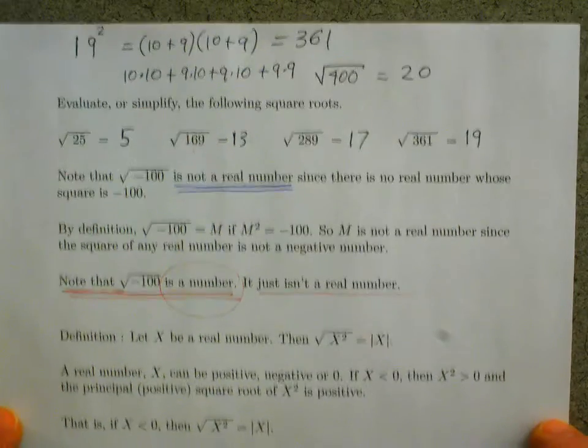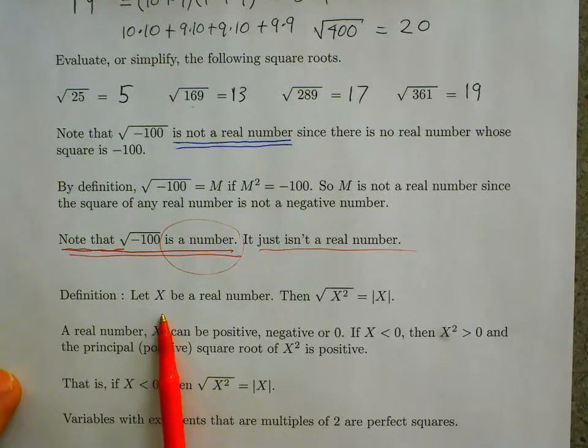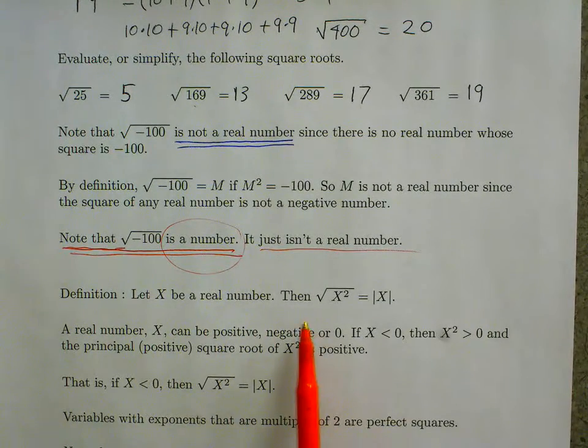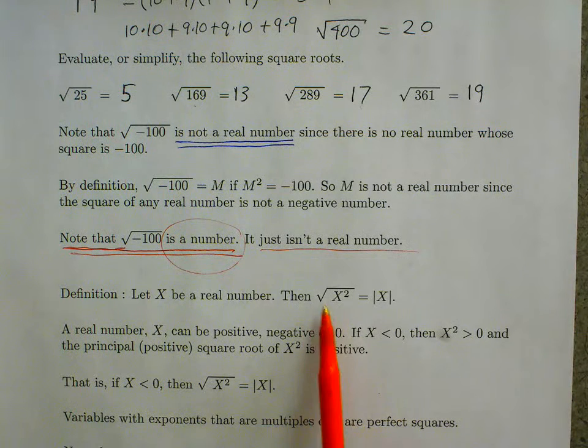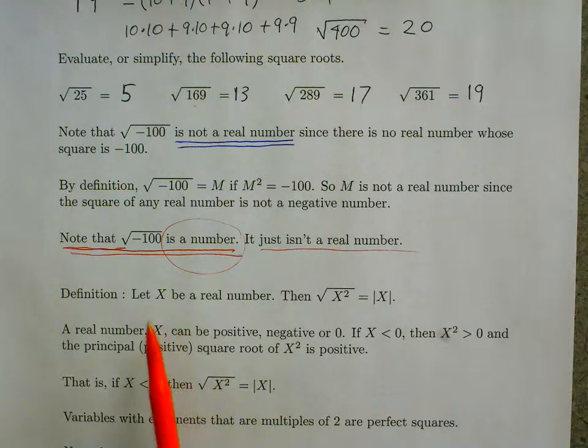Okay, a formal definition of the square root. If we let x be a real number, then the square root of x to the second is equal to the absolute value of x. Note that in this definition, x can be any real number.